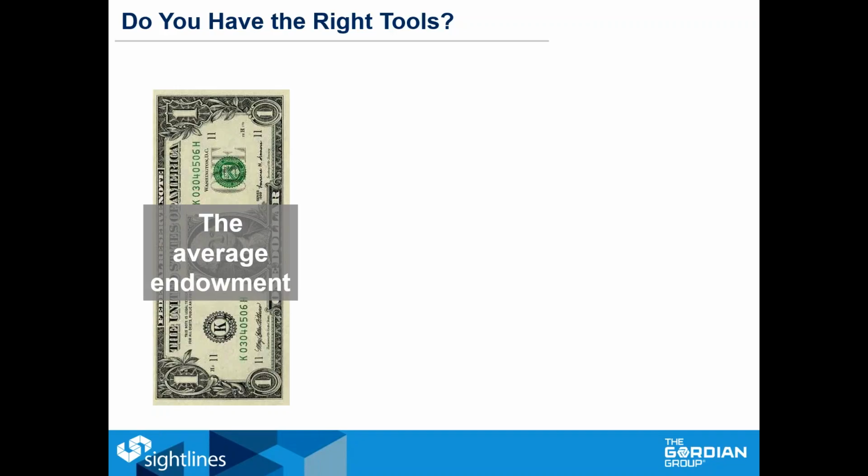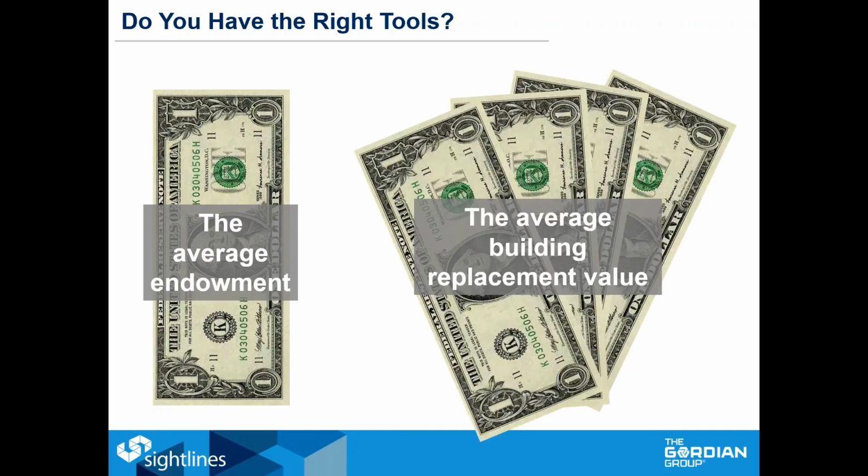And the reason why they went down was because the tools to measure and monitor physical assets were nowhere near as sophisticated as the tools that they use to measure and monitor financial assets. And the interesting thing was, typically at most institutions of higher education, the average replacement value of your facilities is 4 to 5 times that of your financial assets.